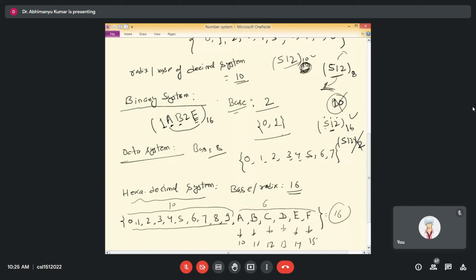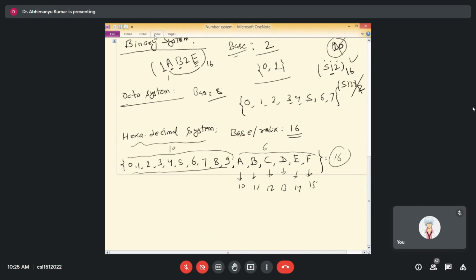So now we discuss their interconversion. If a quantity is represented in one radix system, how can we convert it to a different radix system?